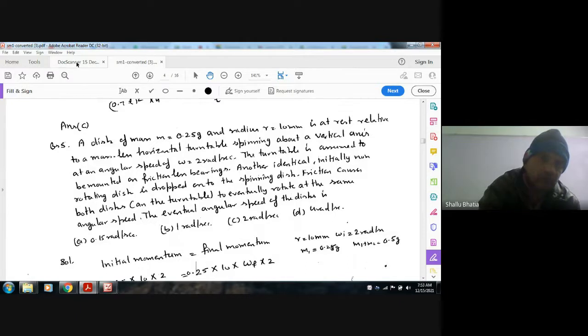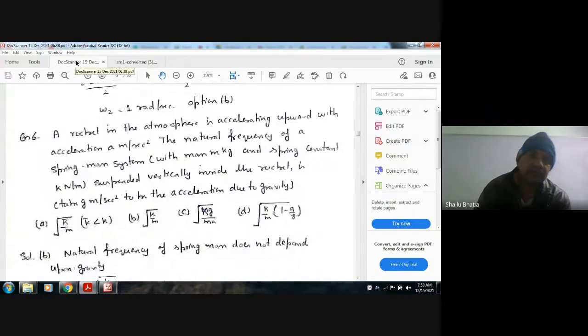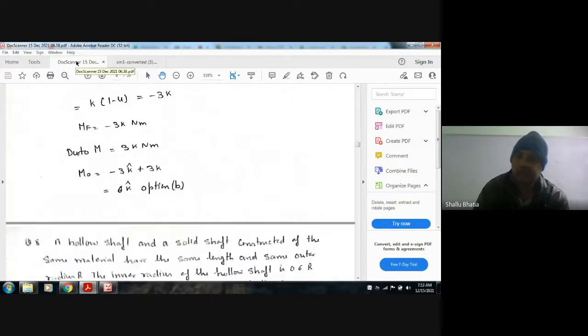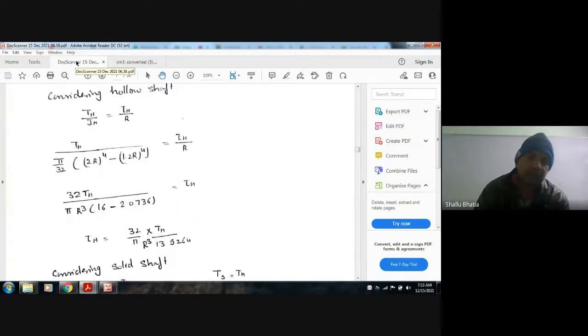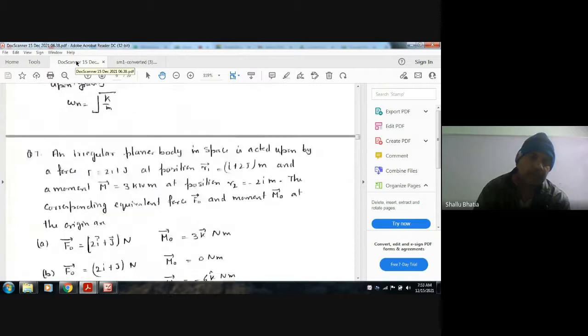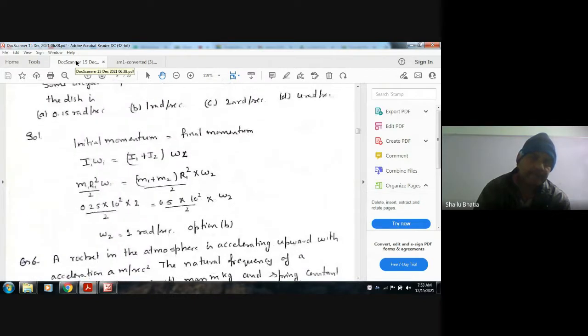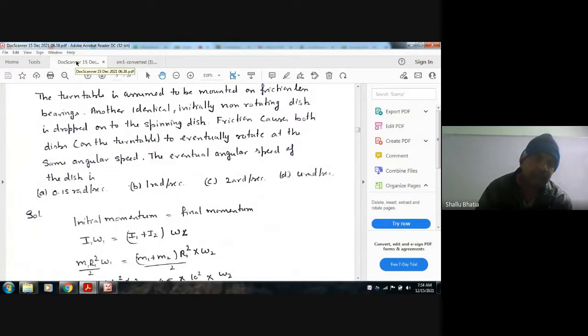So here one disk is causing rotation of the other. So the initial momentum should be equal to final momentum. Let the first disk be represented by 1 and the second by 2. The initial momentum of the disk is I1 into omega 1.